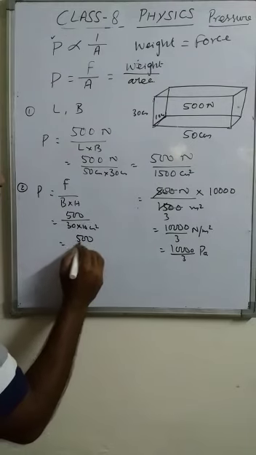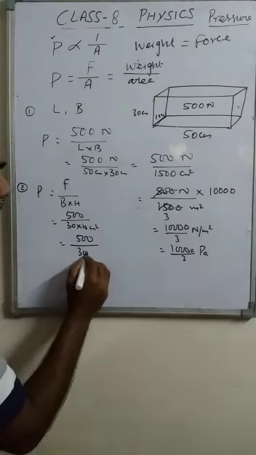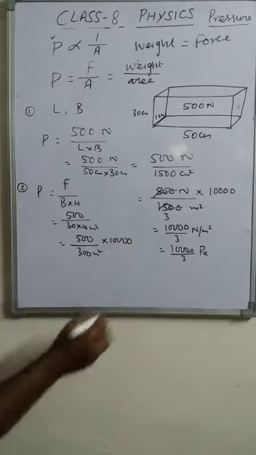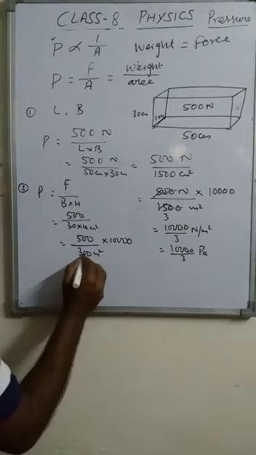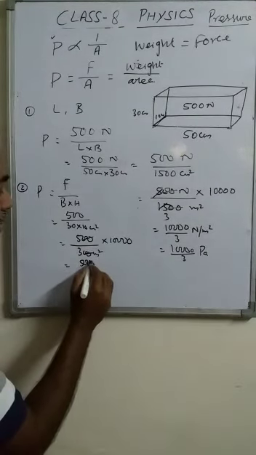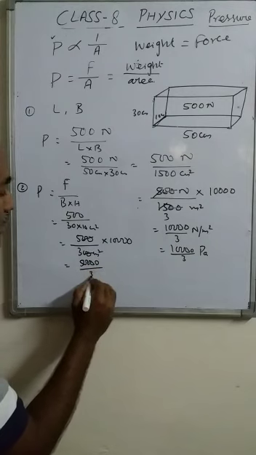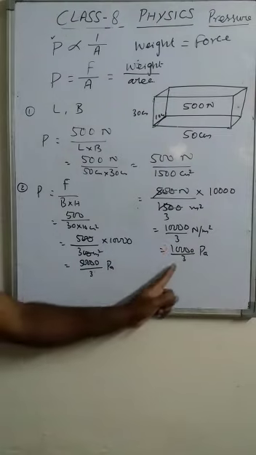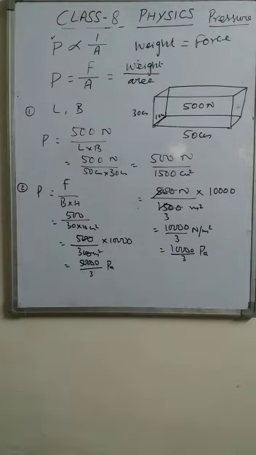Now it is 500 upon 300 meter square into 10,000. If we calculate this, it comes 50,000 upon 3 Pascal. Here you see, earlier it was 10,000 upon 3, now it is 50,000 upon 3. So is the pressure the same? No, it is changing. That means by changing the area, the pressure also changes.